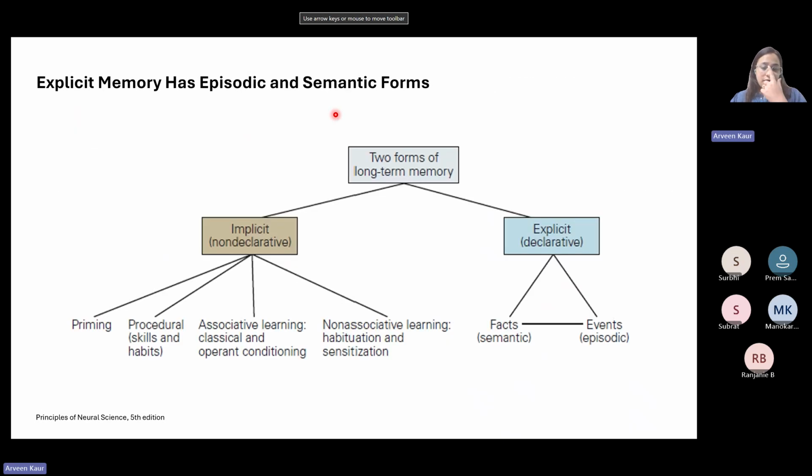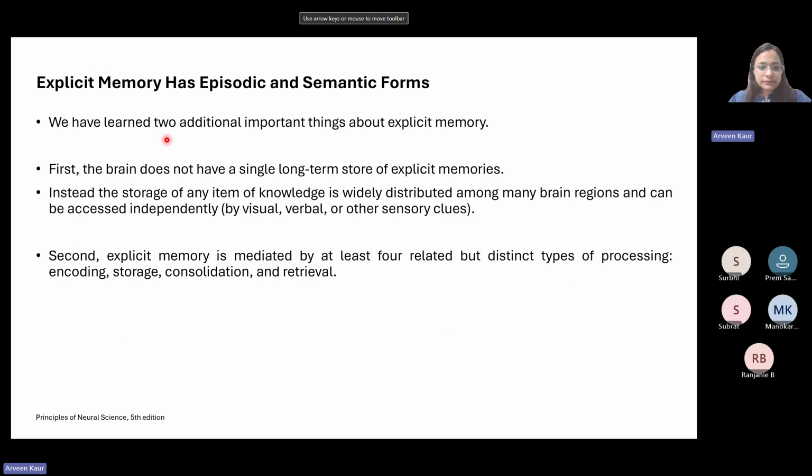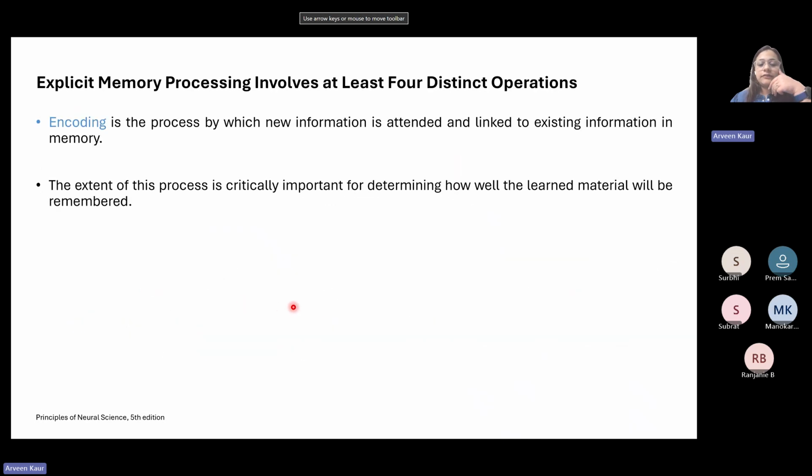Explicit memory is mediated by at least four related but distinct types of processing, right? One is encoding, the other is storage, then it is consolidation, and then it is retrieval. We'll understand what each of these is, right? So, what is encoding? It is a process by which new information is attended and linked to the existing information in the memory, right?